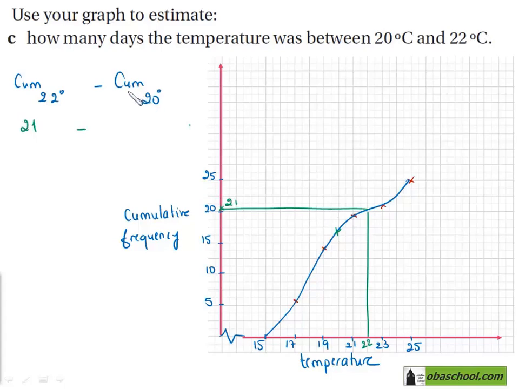As for the 22 degrees Celsius, we had 21, and for 20, we had 17. So we're going to have to subtract 17 from 21. 21 minus 17 is 4. And so we say that on 4 days, the temperature was between 20 and 22 degrees Celsius.